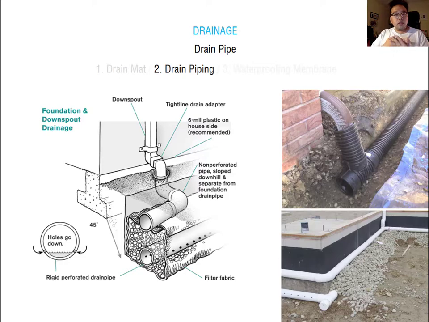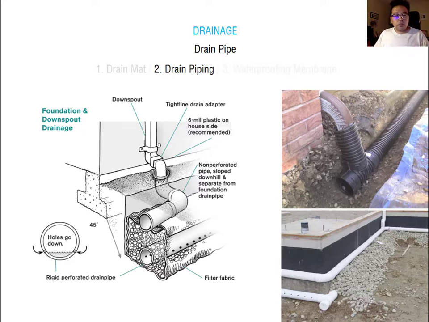Next, you have to be concerned about the drain pipe. What is the function of a drain pipe? It collects water from the earth and from your building, and it usually conducts water away from the substructure. There are two drain pipe types required, which are perforated and non-perforated.